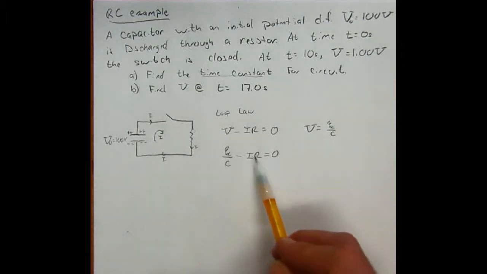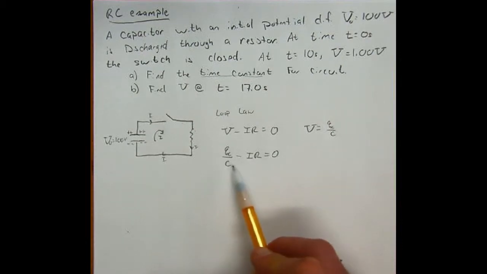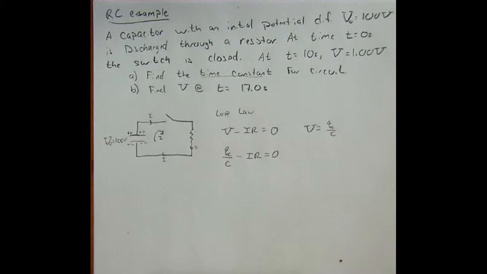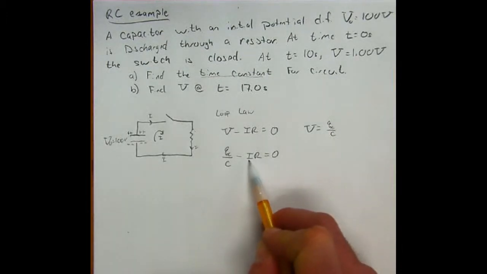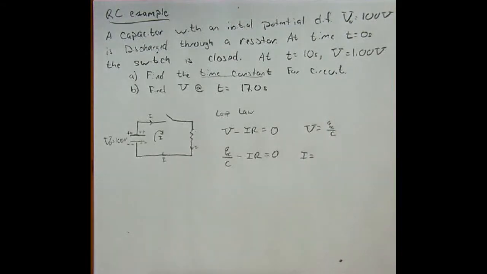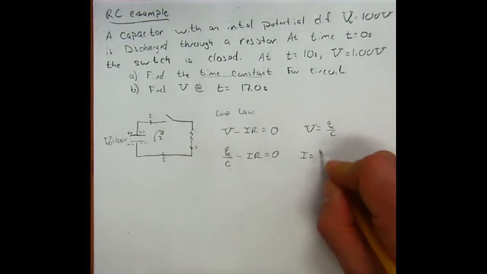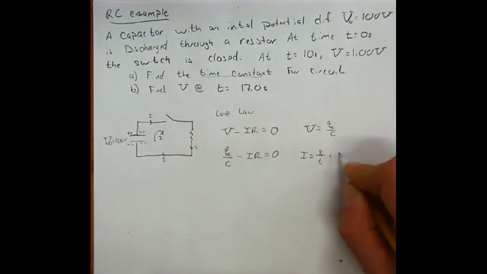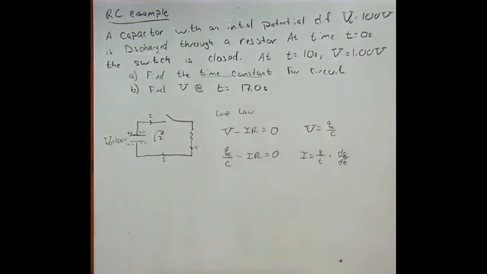So I'm going to try and find common variables between my Q and my I. And I should know that I, by definition, is just charge per unit time, which means I can also say it's a small charge per small time.